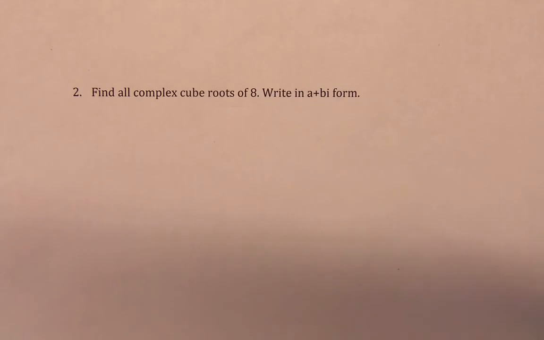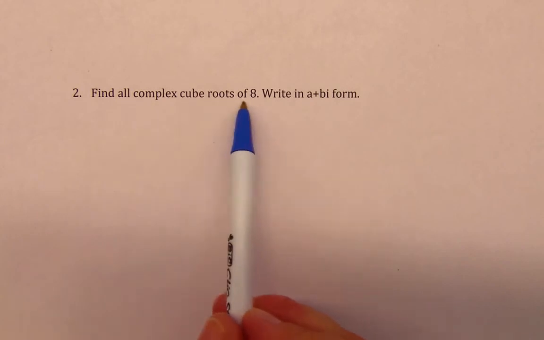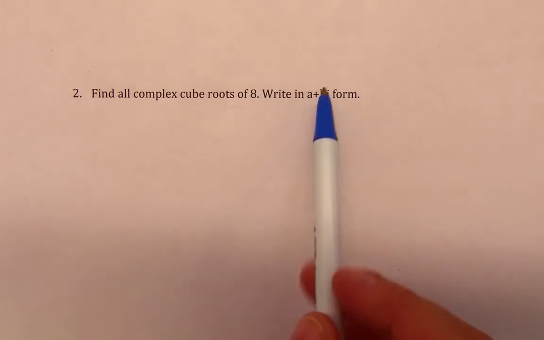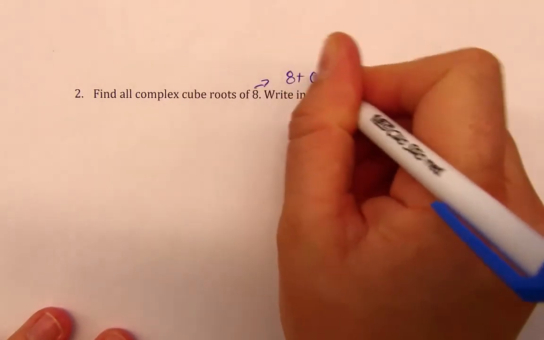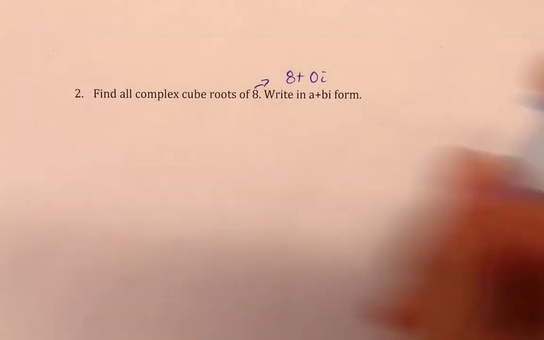Now this is always a little bit confusing because we want to find all the complex roots of 8. And what that means is 8 is written in the form of a plus bi. 8 is the same thing as saying 8 plus 0i. So what we're going to do then is we first need to rewrite this in polar form.